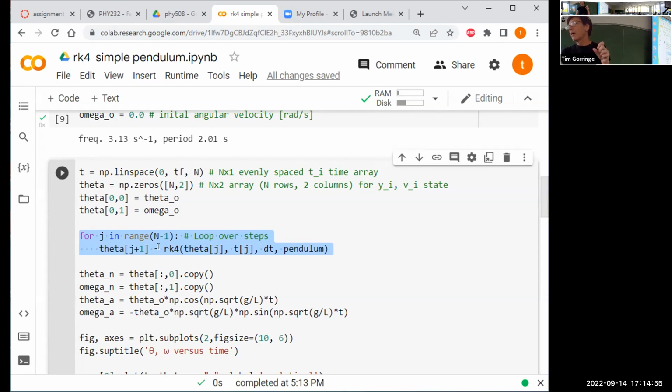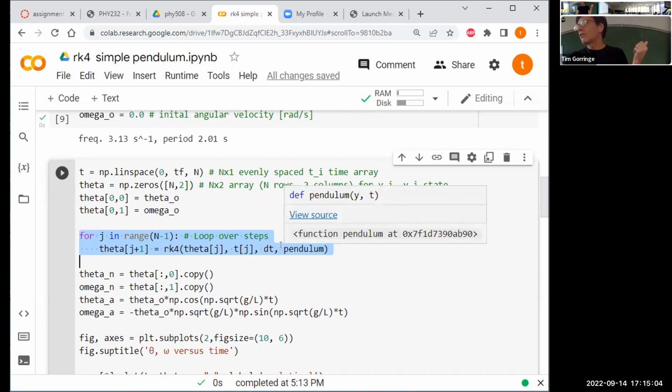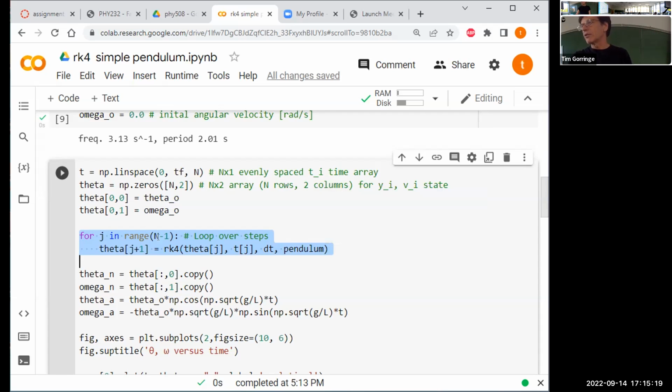And I'm going to do that by calling the Runge-Kutta-4 user function. And that Runge-Kutta-4 user function in turn, by passing this argument pendulum, will call the pendulum user function that describes the pair of first order differential equations. So when I execute this loop here, we're going to have our calculation done.